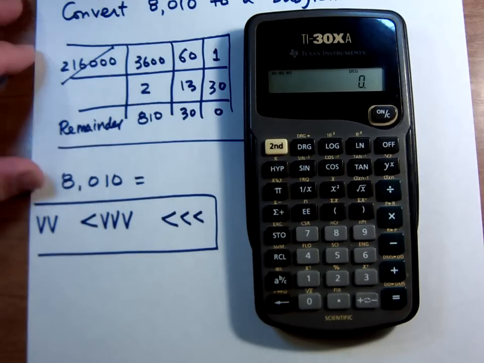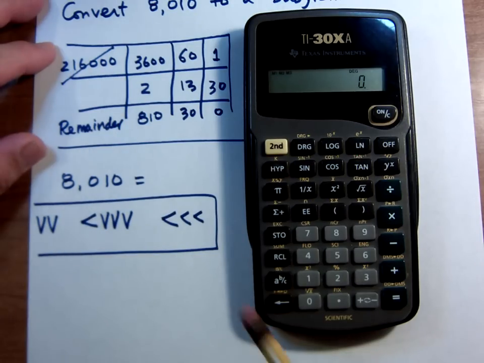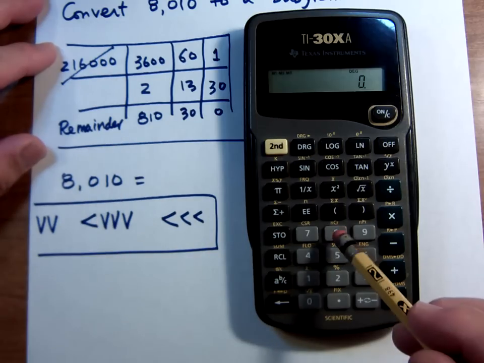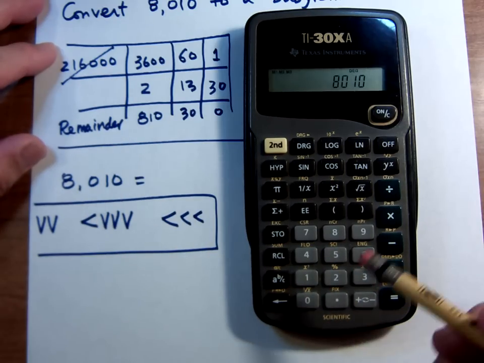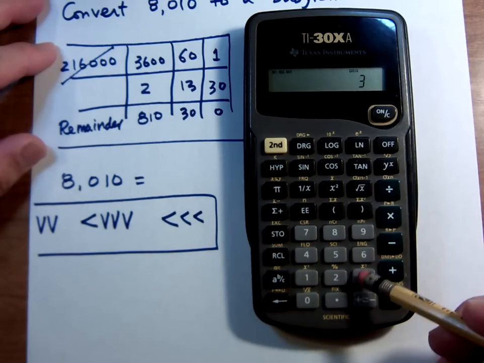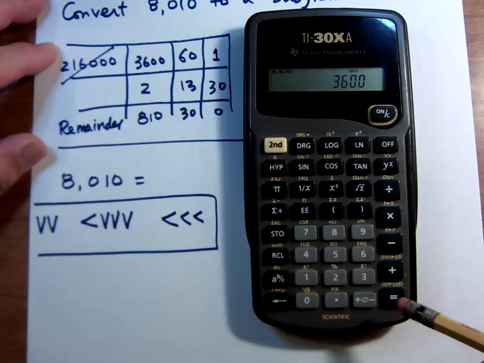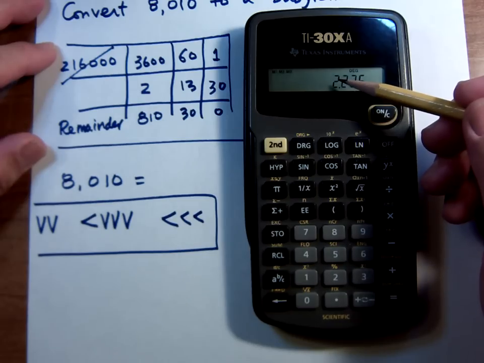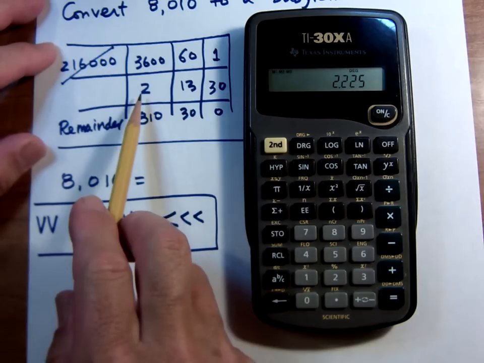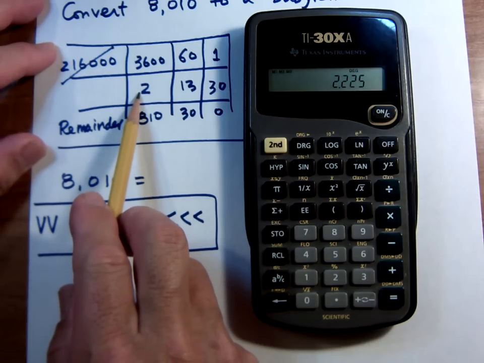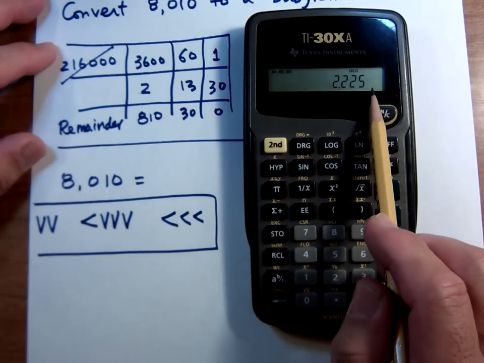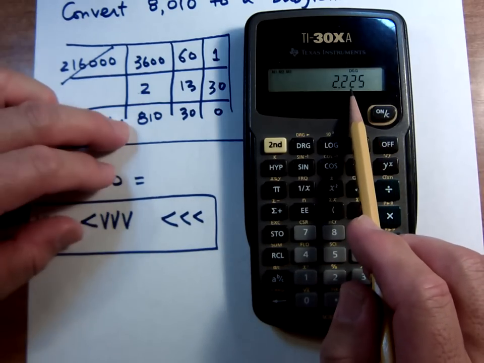First we go ahead and do 8010 divided by 3600 equals, and we're getting 2.225. The whole number part 2 is the quotient 2, and the decimal 0.225 actually represents the remainder of 810.